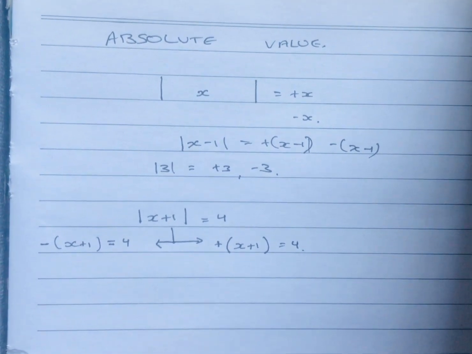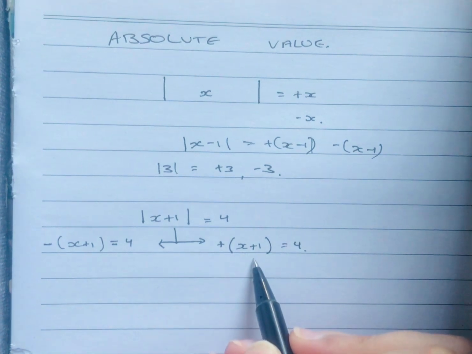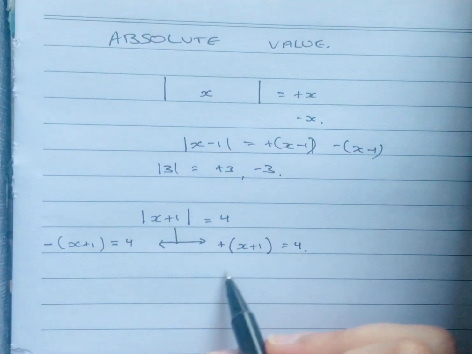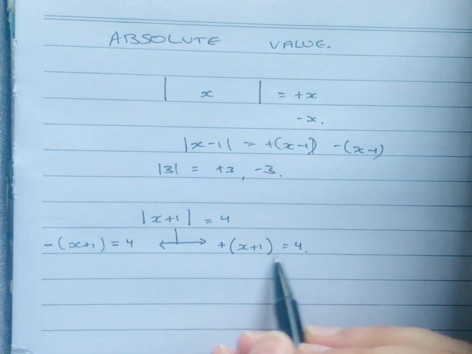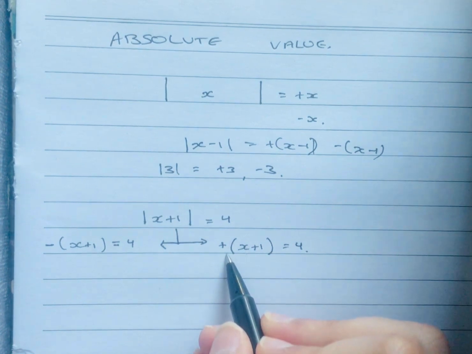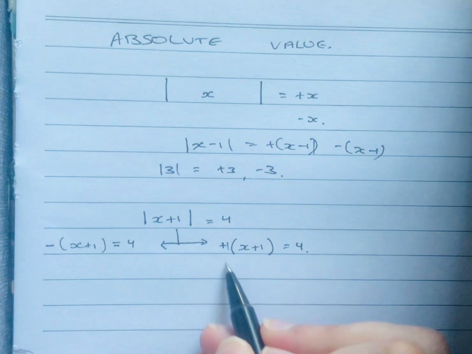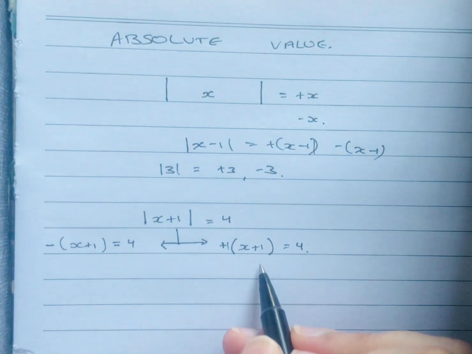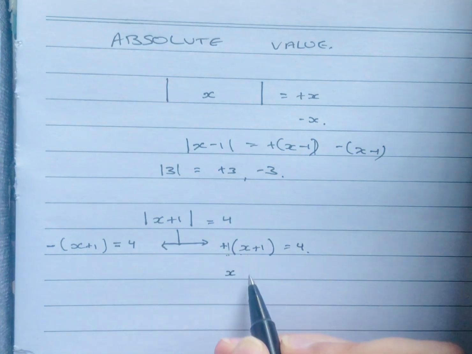The first thing you got to do is distribute the positive sign to the inside. You do know that according to BODMAS, you need to solve the brackets first before you continue with anything else. So you distribute the positive 1 to both the values within the brackets. So positive 1 times x is positive x.